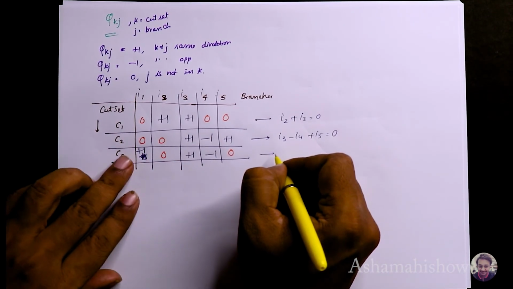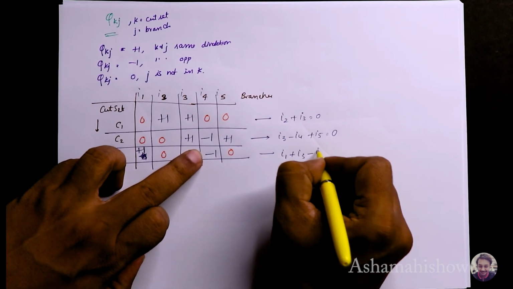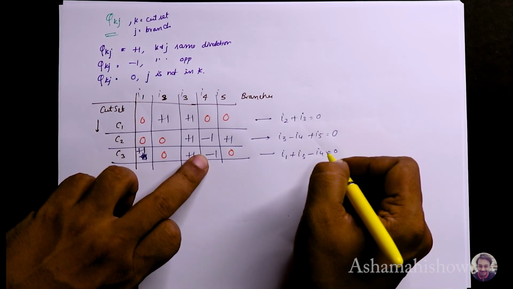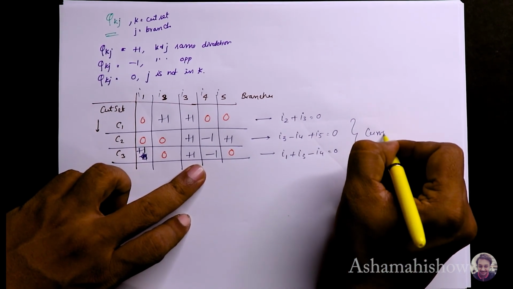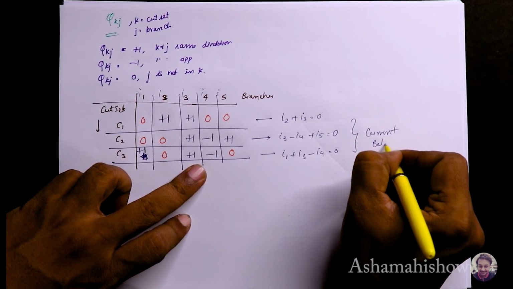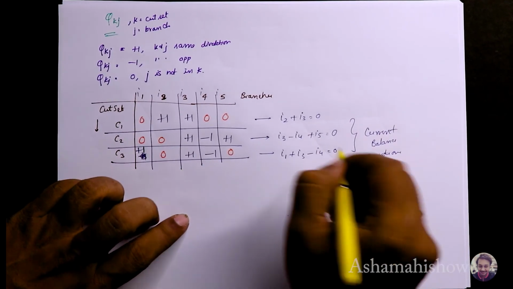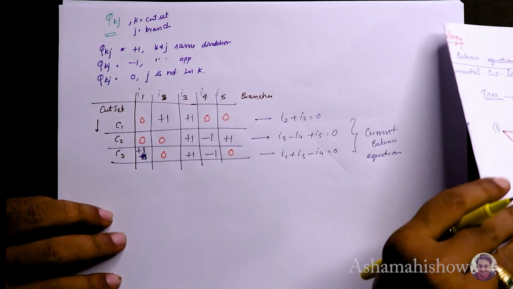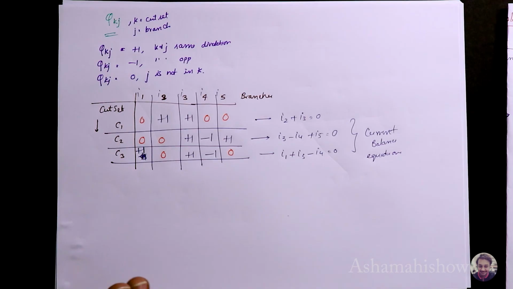For the third one, it is I1 plus I3 minus I4 equal to 0, since it is minus, it is minus I4. So these are the current balance equations. See how simply we got them. From the cut set matrix we can find the current balance equations directly. Follow this method for your examination and you will definitely score good marks.